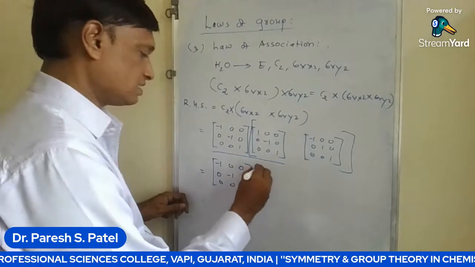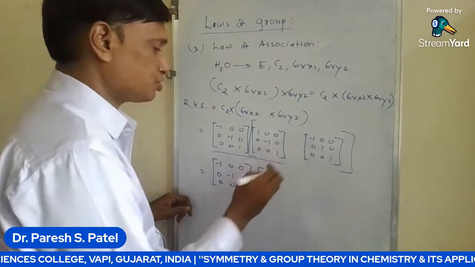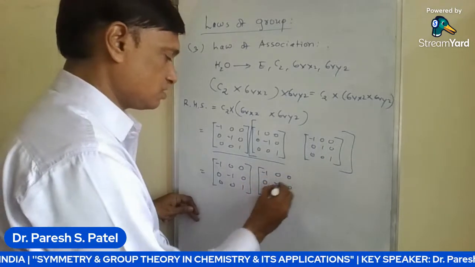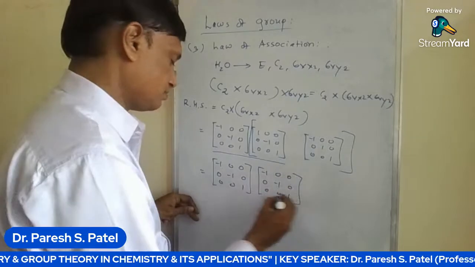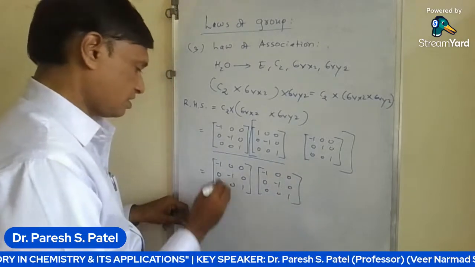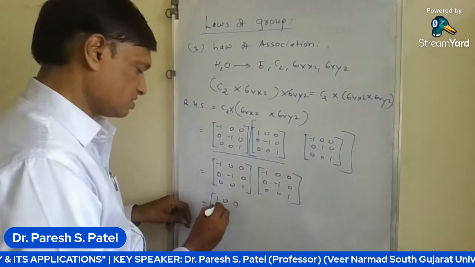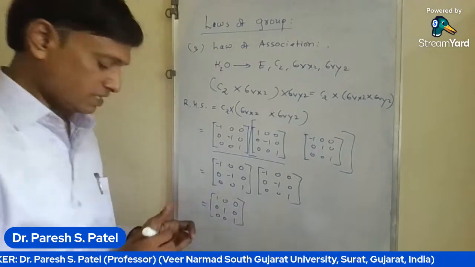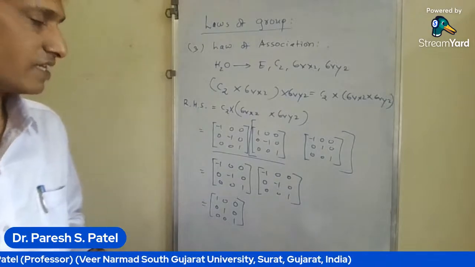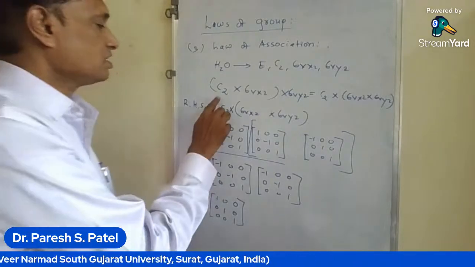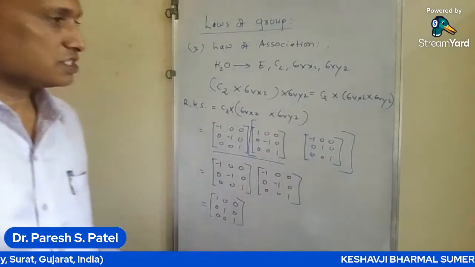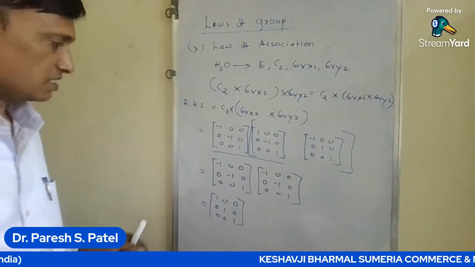Now the combination of these two matrices gives 1 0 0 0 1 0 0 0 1. So left hand side is equal to right hand side. It means C2 into sigma Vxz into sigma Vyz is equal to C2 into sigma Vxz and Vyz.